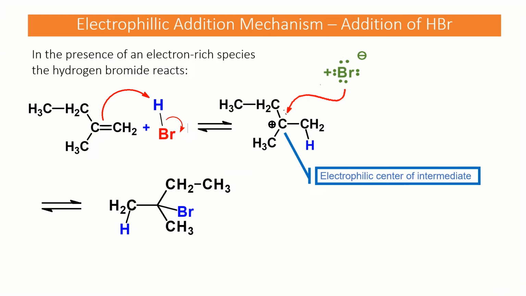You can see the attack on the hydrogen halide, followed by the formation of the more substituted carbocation, which is then further attacked by the halide to give us our Markovnikov product.